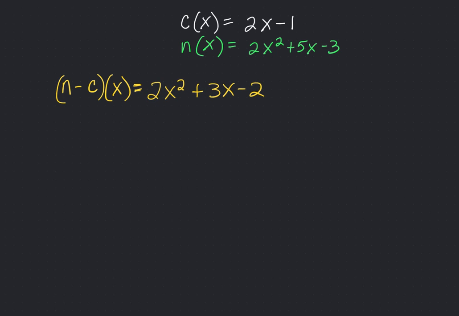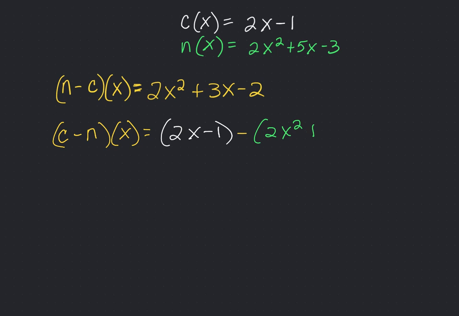In fact, let's calculate now what we would have if we did c minus n, if we subtracted the function n from the function c, that is. So we're going to start by writing c of x first. And from that, we are going to subtract n of x, 2x squared plus 5x minus 3.